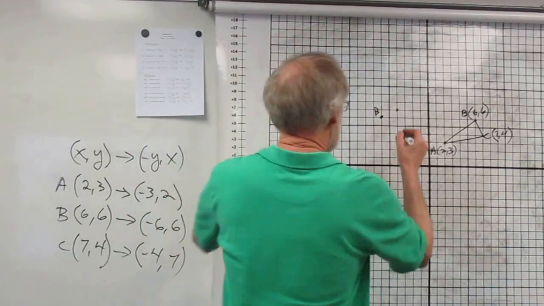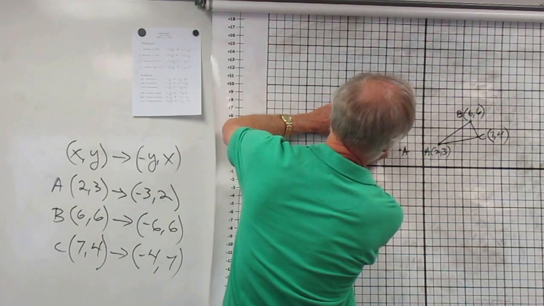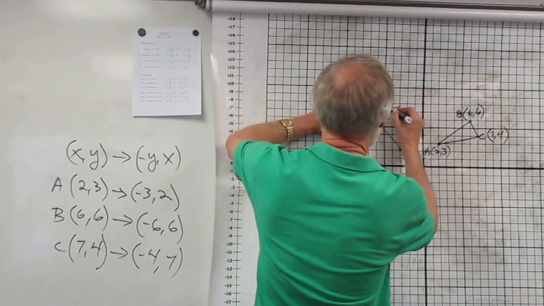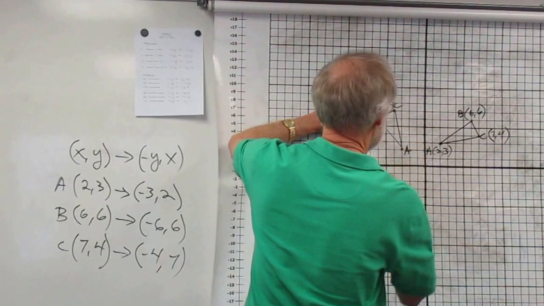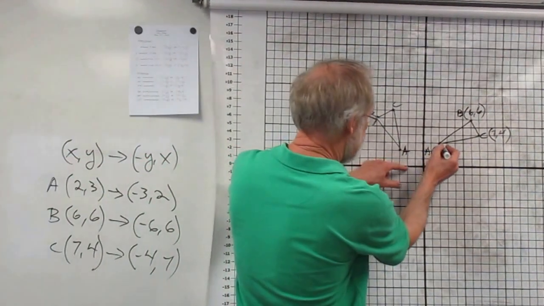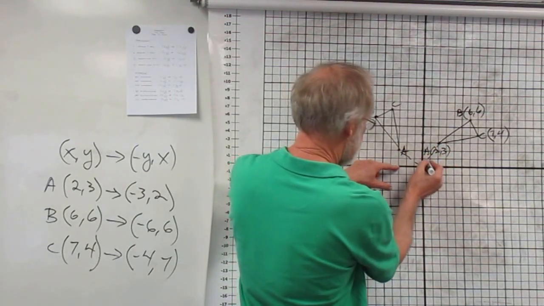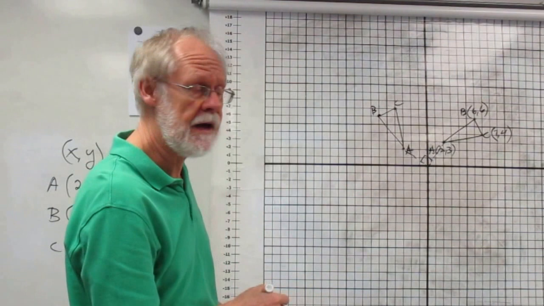And let's see what happened when we did that. Here is the new triangle, here, here, and here. Now, does that look like, relative to the origin again, it is a 90-degree rotation? Yes, it does. There's a 90-degree angle.